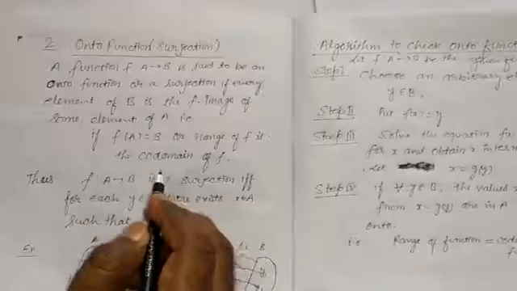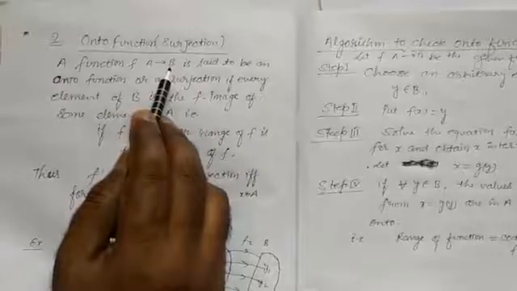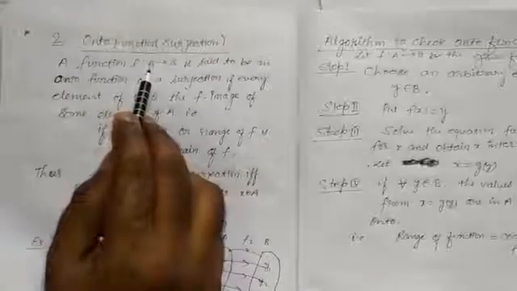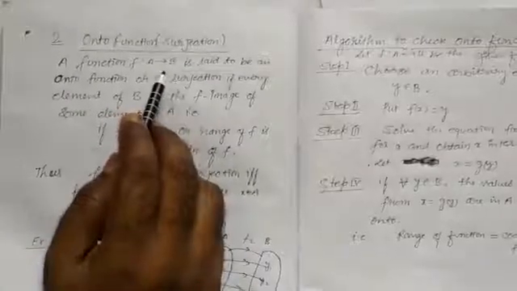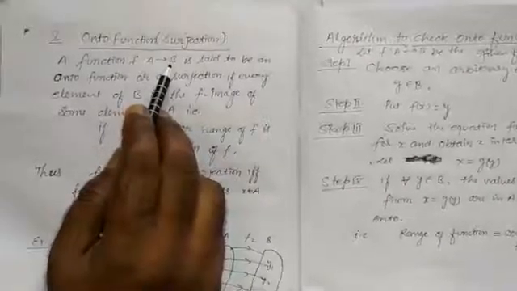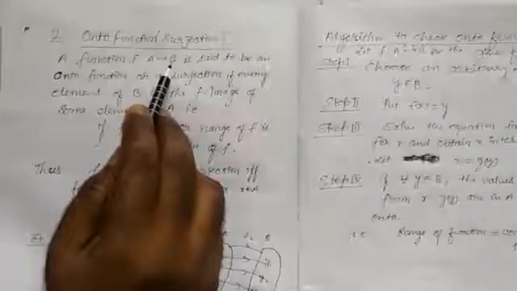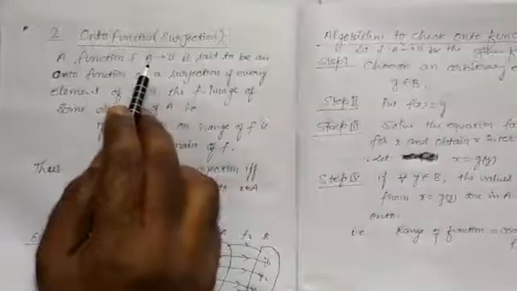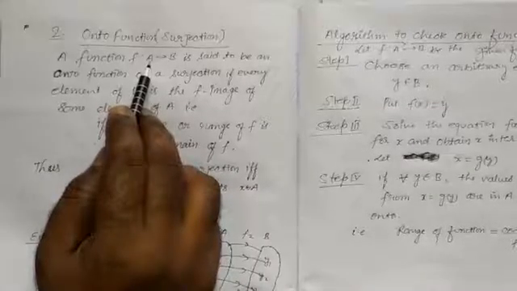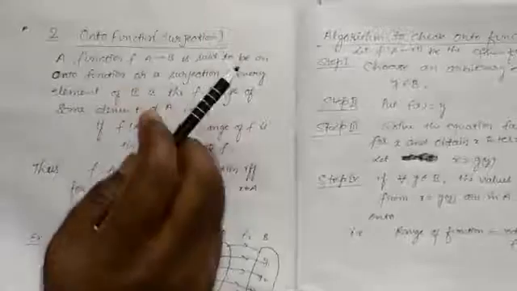You can understand it as: if every element of the codomain set has a pre-image in set A, then the function is said to be an onto function. If any element has no pre-image in set A, meaning any element of set B is not associated to an element of set A, in that case the function will not be onto.